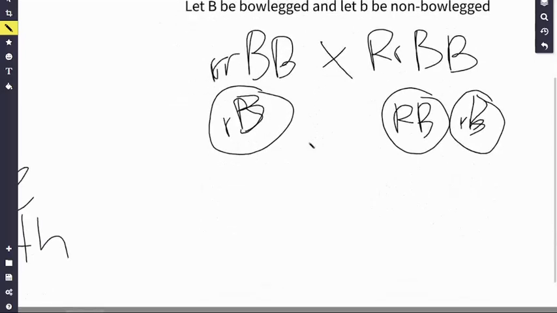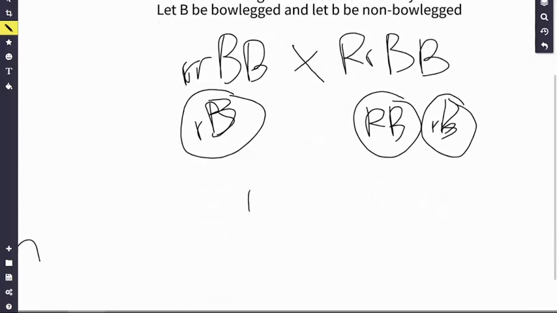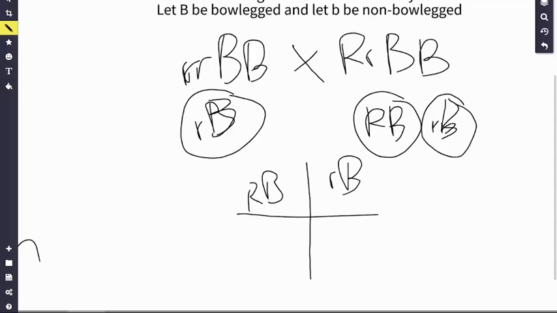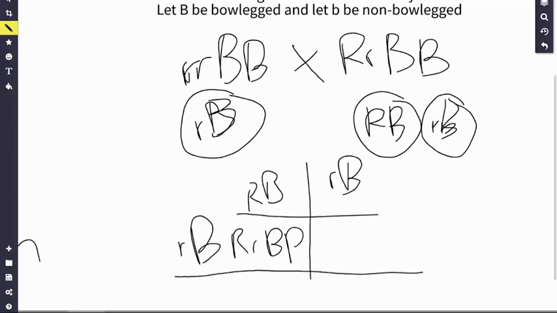Wow. So, okay, whatever. So let's do the cross. rB crosses with R and capital B. So this is going to become big R, big B, small b, also big B.